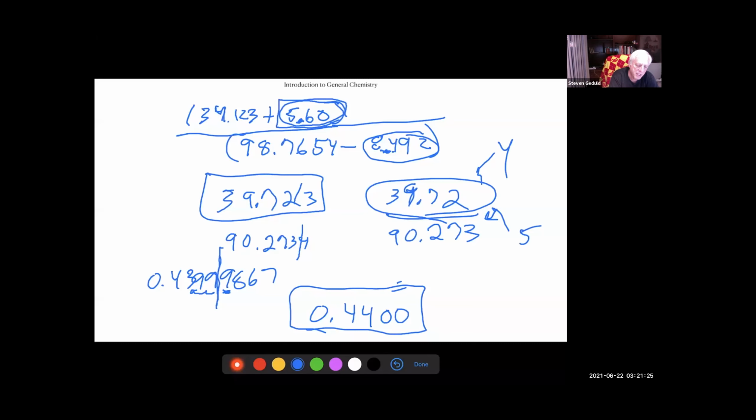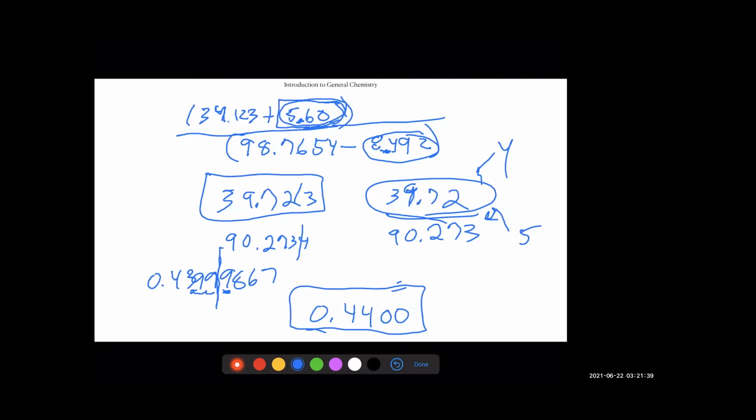When you're adding and subtracting, you do that first, and you're only accurate to your least accurate number, so you can only go 2 places past the decimal. Doesn't matter how many significant figures it is. Okay, good, perfect. You've got to remember the different rules. Adding and subtracting is the least accurate number. Multiplying and dividing is the least number of significant figures. Perfect. Other questions?